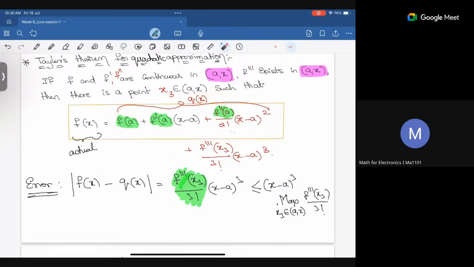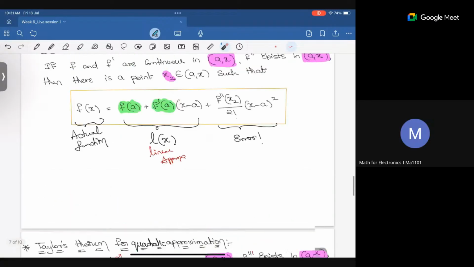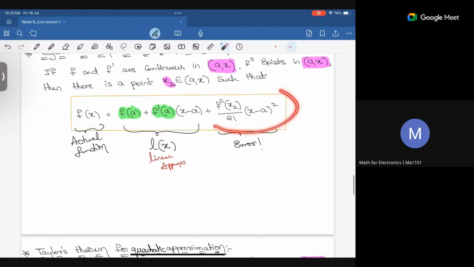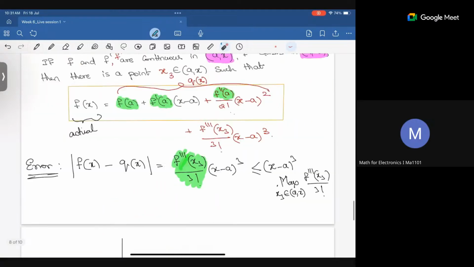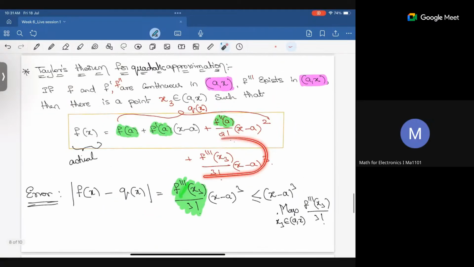The other one would be asking for the maximum possible error. For that, we have to find this and this, and they say maximum possible error. That means we have to bound the error.